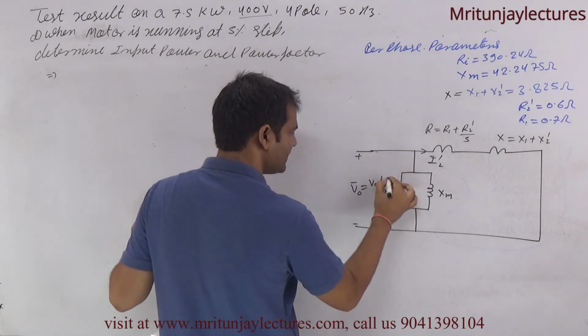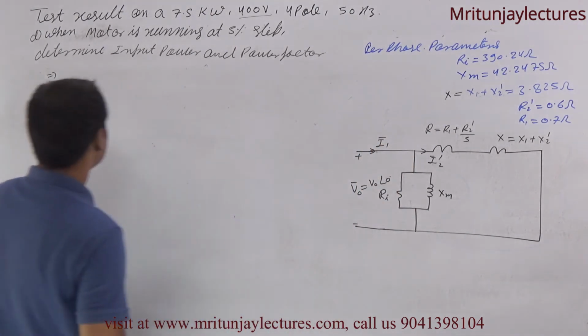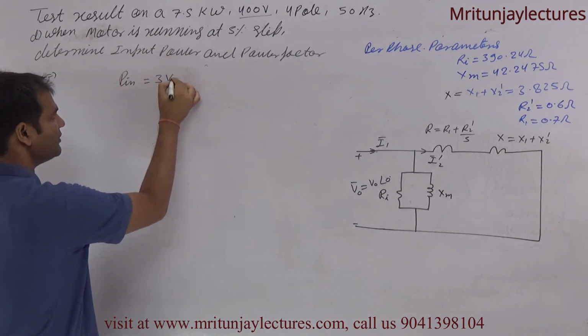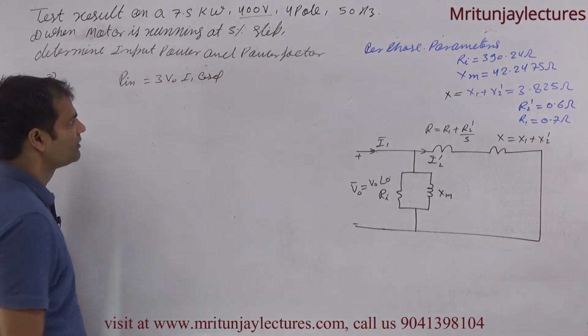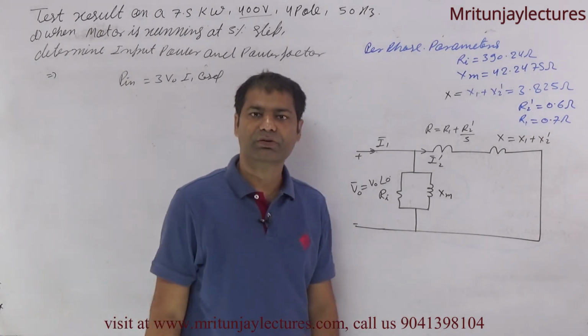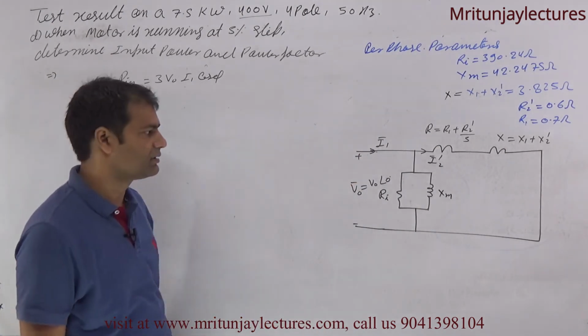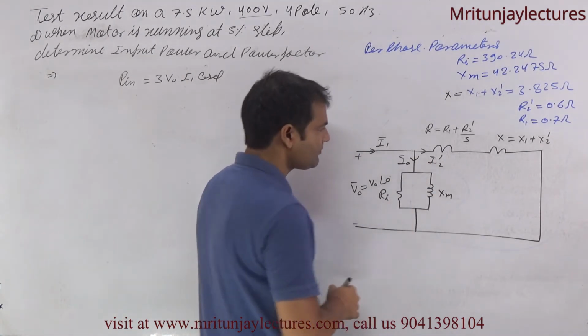Suppose that V0 is at the angle 0, then I1. Our motor's 3-phase power input is 3 V0 into I1 into cos phi. Phi means the angle between V0 and I1, the input current. This one is I0, clear?